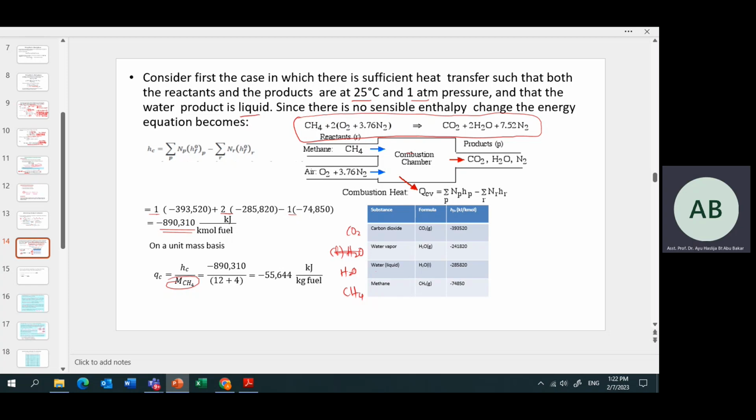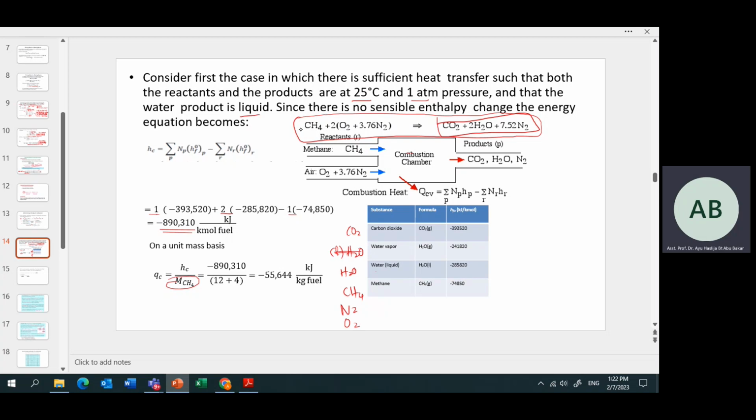Now, these components. Product is CO2, H2O, and N2. But here there is no N2. So you must find N2 and O2 as well for your reactant. This part is your product, CO2, H2O, and N2.